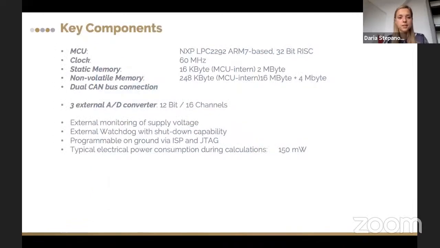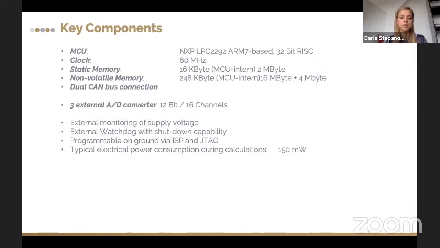Key components of the satellite: its microcontroller is ARM-based, 32-bit RISC architecture. The clock is 60 megahertz, which can be boosted up to 180 megahertz. It has 12 kilobytes of static memory, 248 kilobytes of non-volatile memory, plus 16 megabytes and plus 4 megabytes, and dual CAN bus connection. It has 3 external converters with 16 channels each.